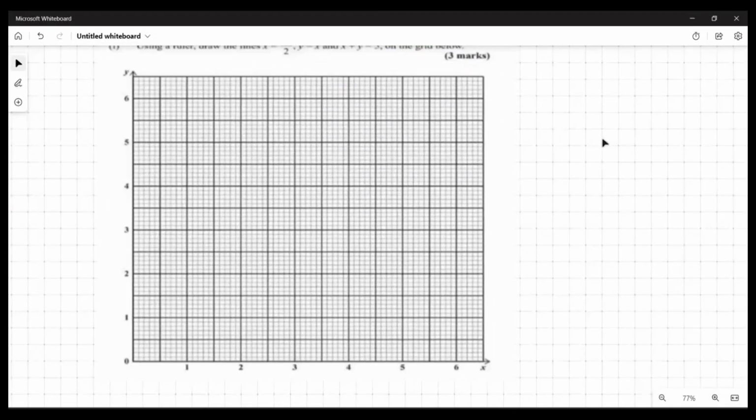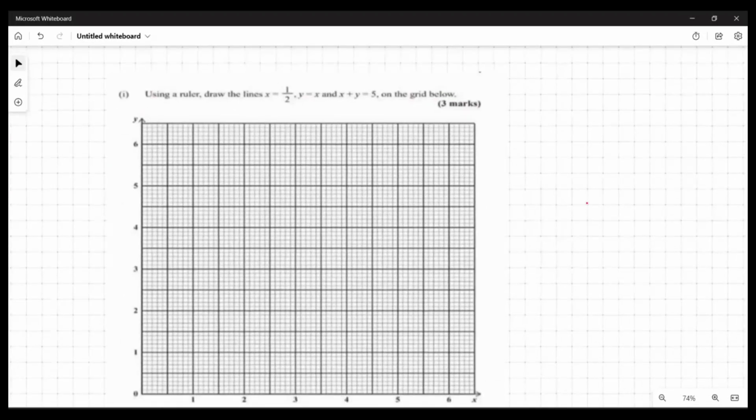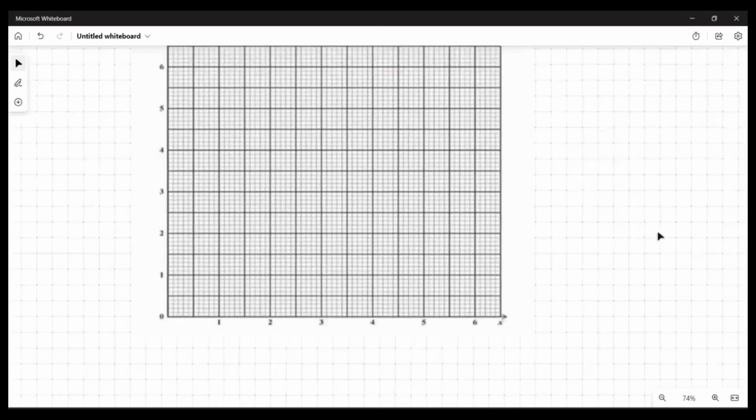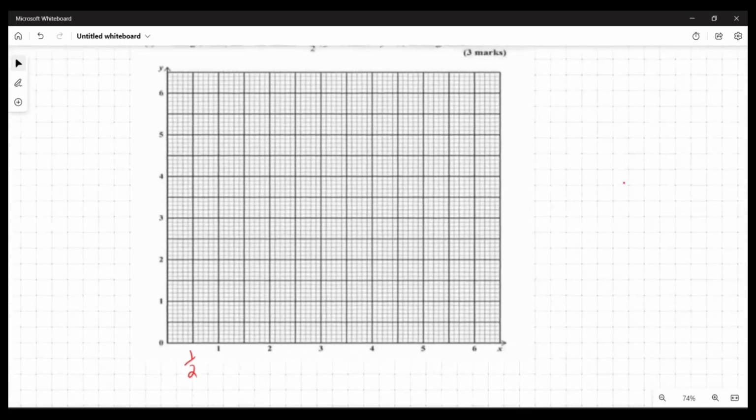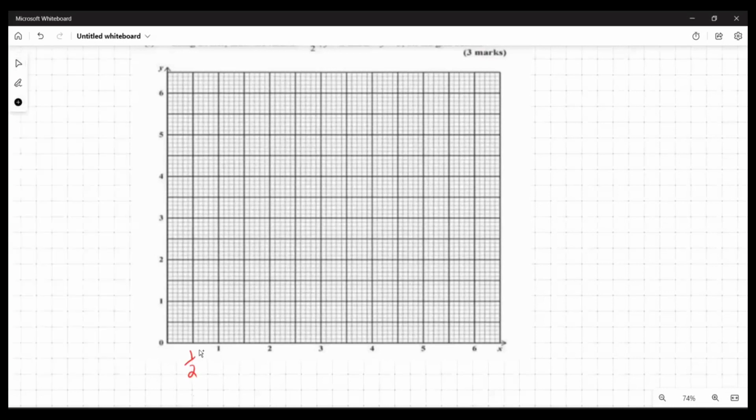They're asking us to draw, with your ruler, the line. First, draw the line where x is a half. Based on the scale, you would agree that x is a half right there, everybody? Yes, sir. To draw that line, you take out your ruler and you follow this line, just brighten it.